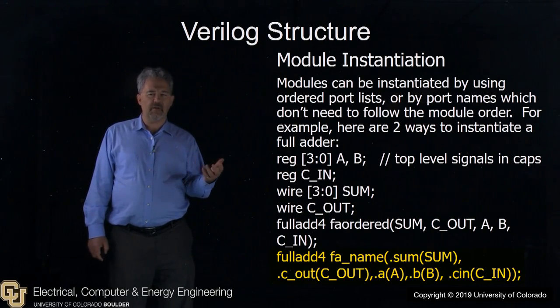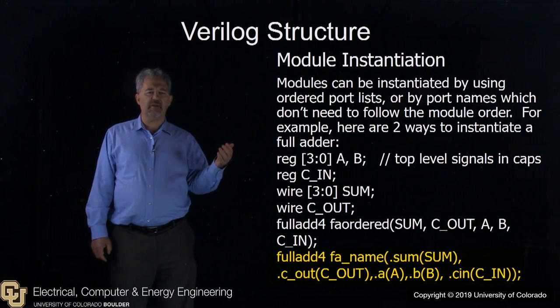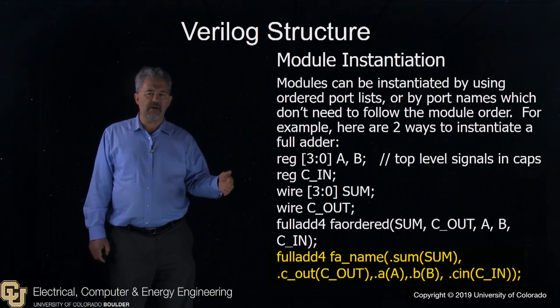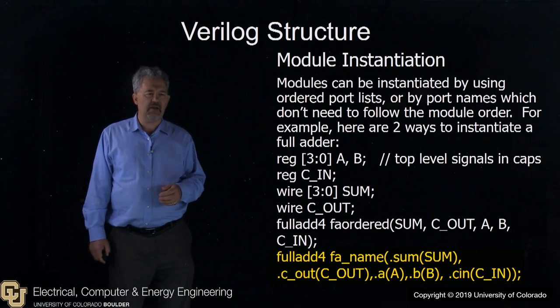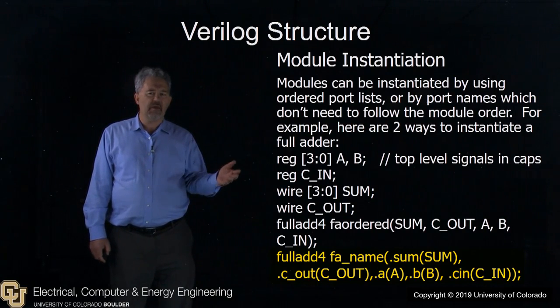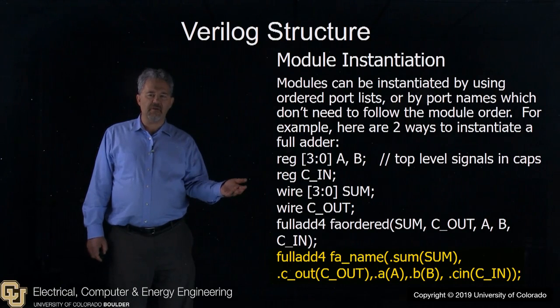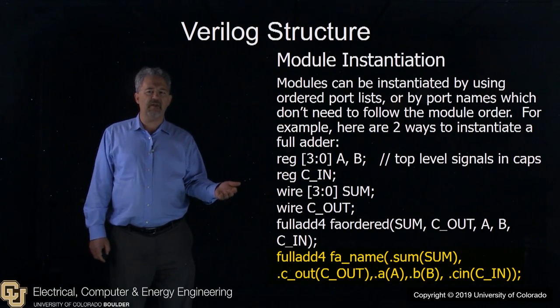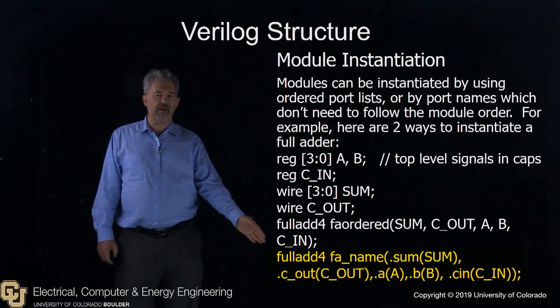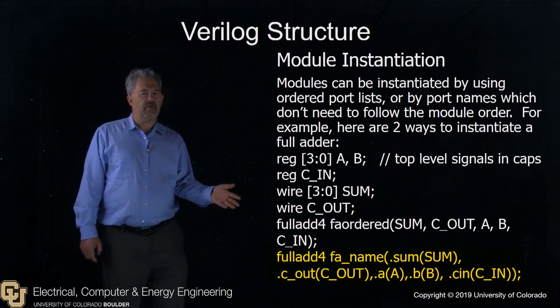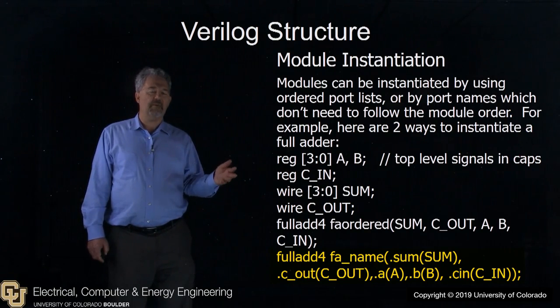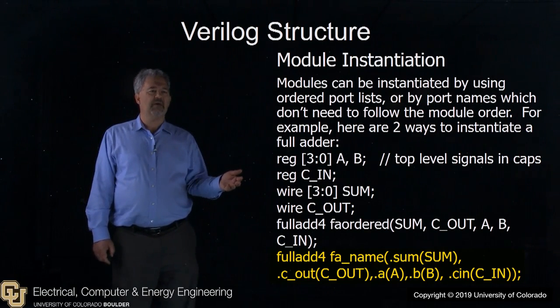And so what you have is a one-to-one mapping then of signals from the top level into the module that's being instantiated. And even though it's shown this way where all the signal names are the same, when you use the second type of instantiation, the signals don't have to be the same. The names don't have to be the same.